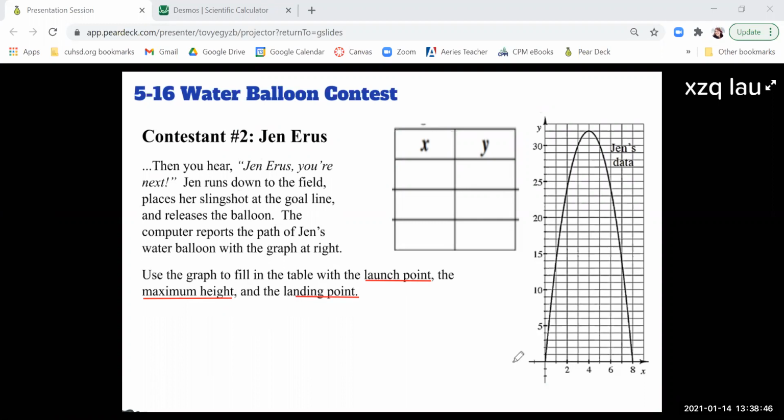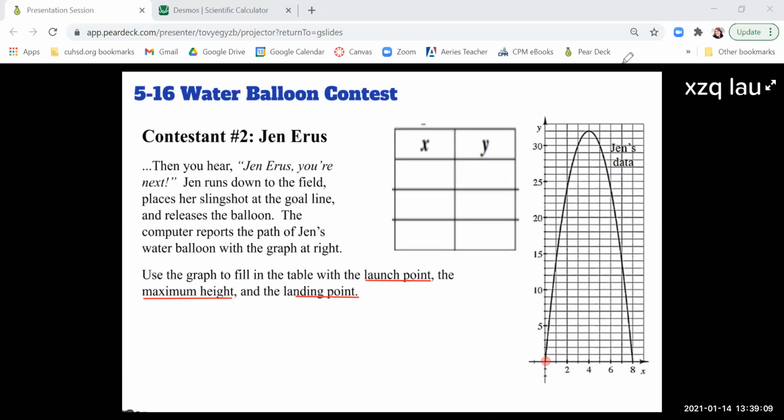So just to give you a little direction here, we always are going from left to right. So she's launching from right here. All right, so I'm doing the launch point in red. So put the launch point in your table. That's a pretty easy launch point to find.